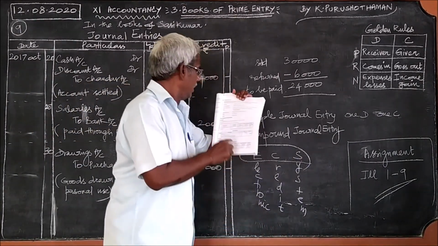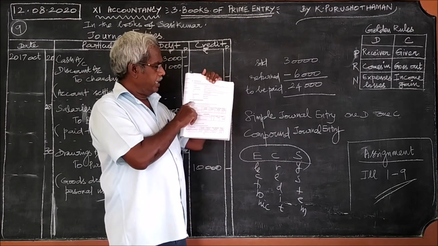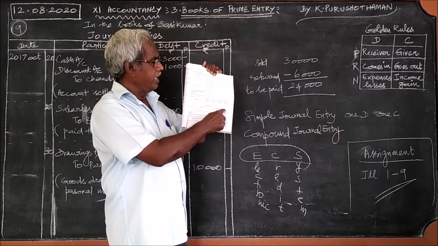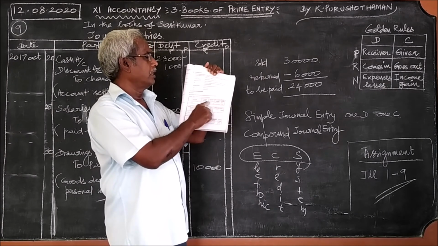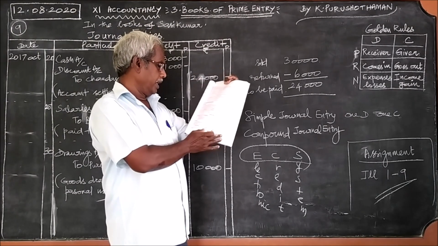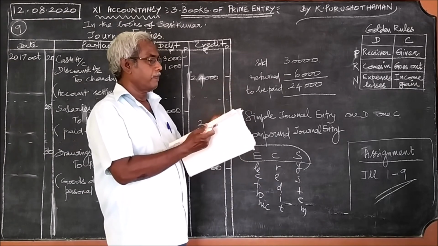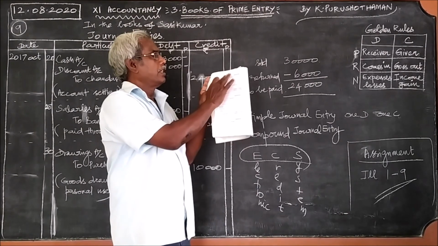You write here, example 1, it is given. In this example 1, you just write this journal entry alone. You need not explain all these things or the questions. You should answer only the journal entry. Likewise, for example 2, you should pass only this journal entry.